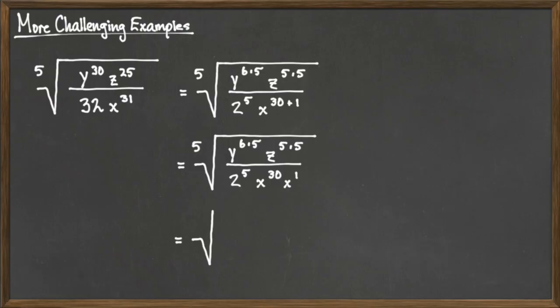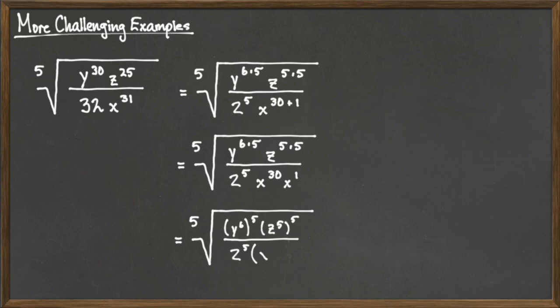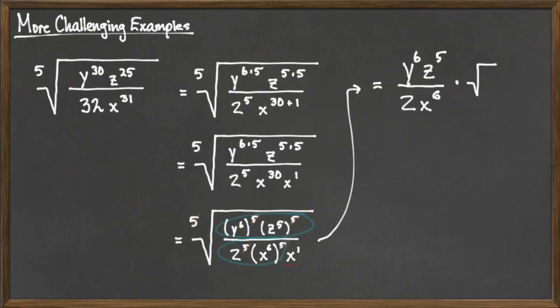Now I can use parentheses to rewrite all of my terms inside. I have y to the 6th to the 5, z to the 5th to the 5th, 2 to the 5th, x to the 6th to the 5th, and that x to the 1 that's just kind of by itself. But everything with the power of 5 gets to break out of the radical, leaving me only with the 5th root of 1 over x, and we're done.